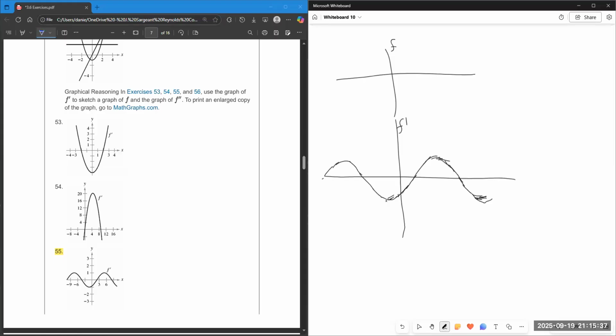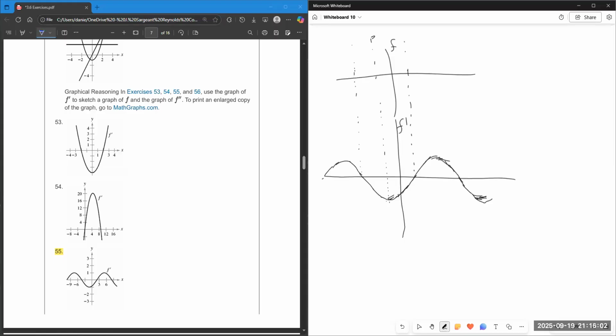So right here, let's see if these are lined up here. Right here, there's a 0 of some kind that I'm interested in. And right here, there's a 0 of some kind. So this is where my local minima and maxima are, right? And then right here is where there's a point of inflection somewhere.